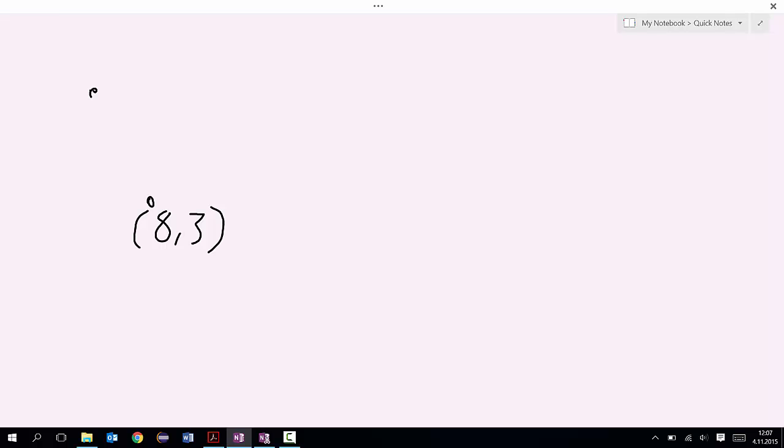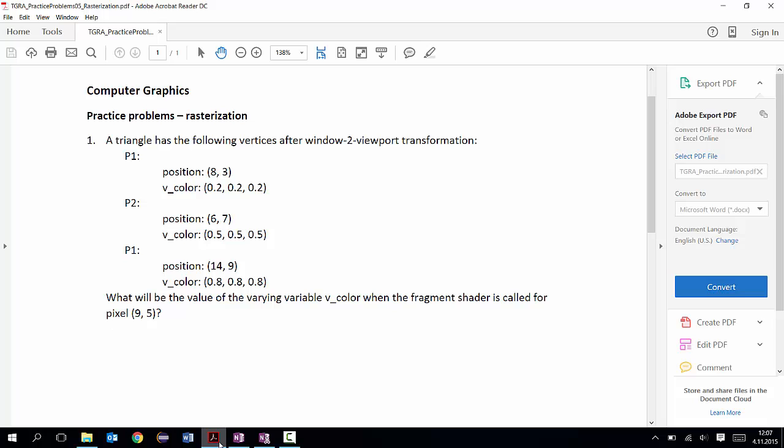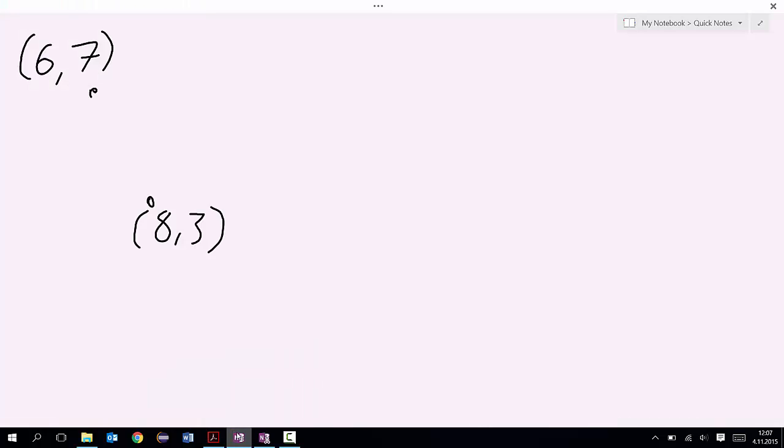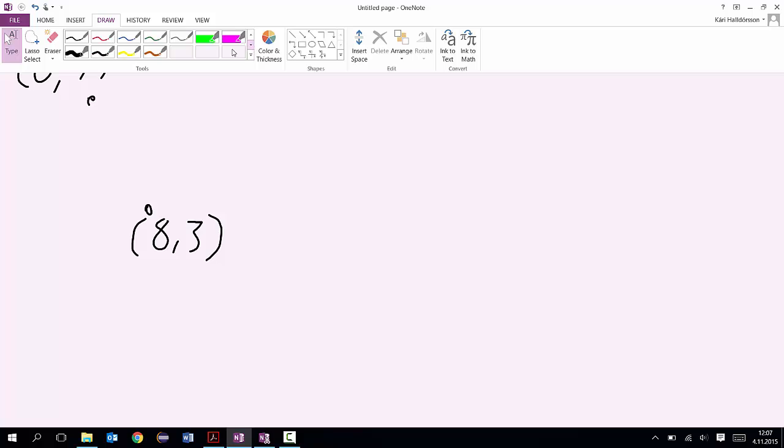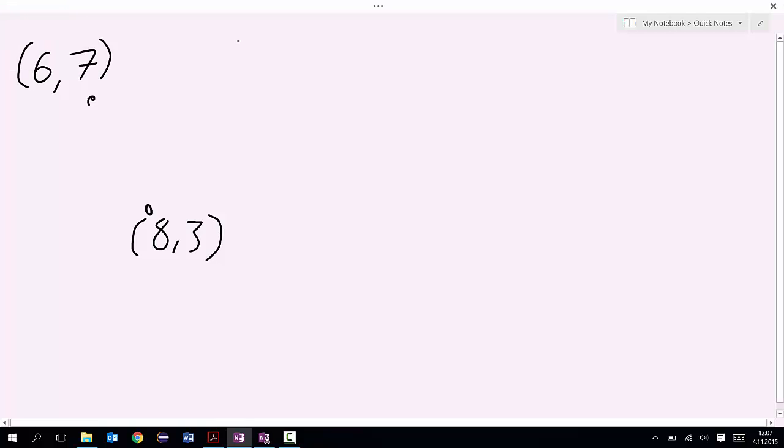So we have a point here which is 6, 7, and the final point was 14, 9, which means that it's 6 forward from the original point, so somewhere around here. It doesn't matter that much exactly how this is, so this was about 14, 9.